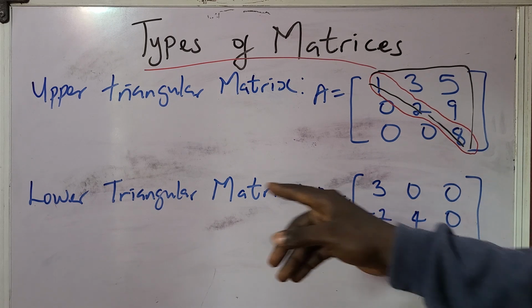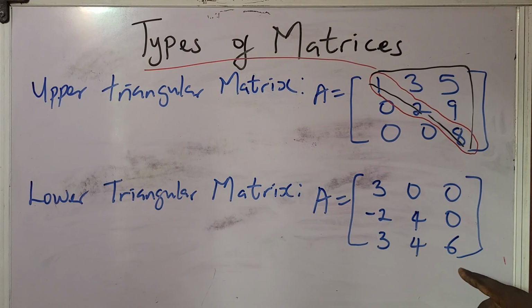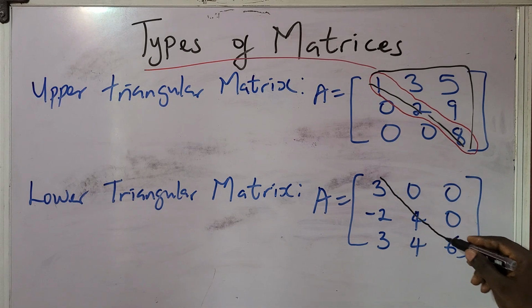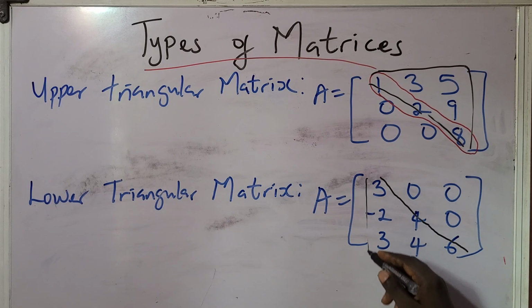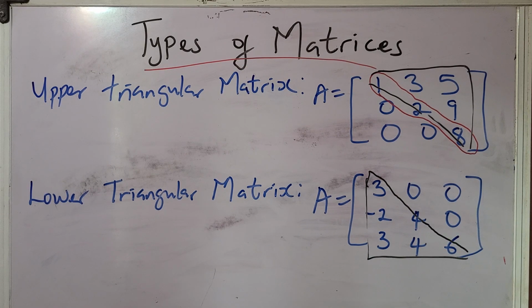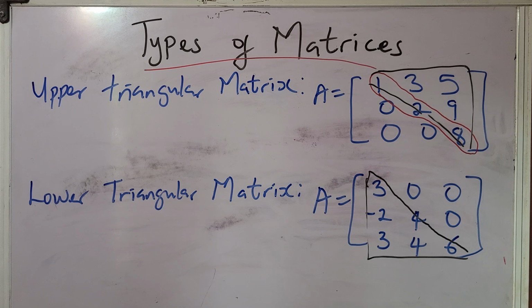Conversely, a lower triangular matrix is similar, with the difference being that those in the lower triangle are non-zeros, and those in the upper triangle are all zeros. So this is a lower triangular matrix, while this is an upper triangular matrix.